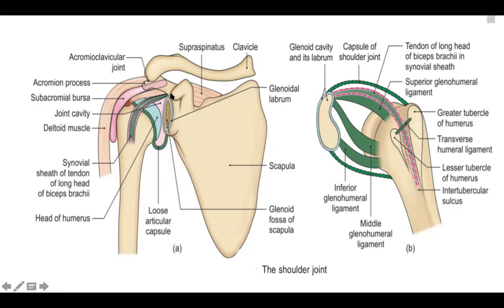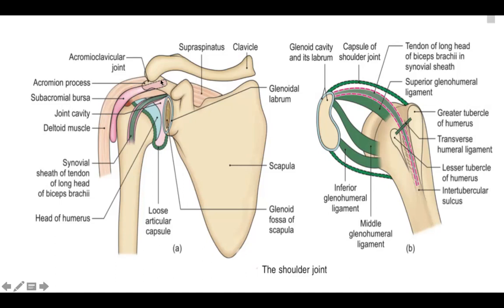This represents the secondary socket for the head of the humerus. I mean by that, when the humerus moves in abduction, it reaches the area of contact with the labrum and needs another socket to protect it further and complete the mobility of the joint.